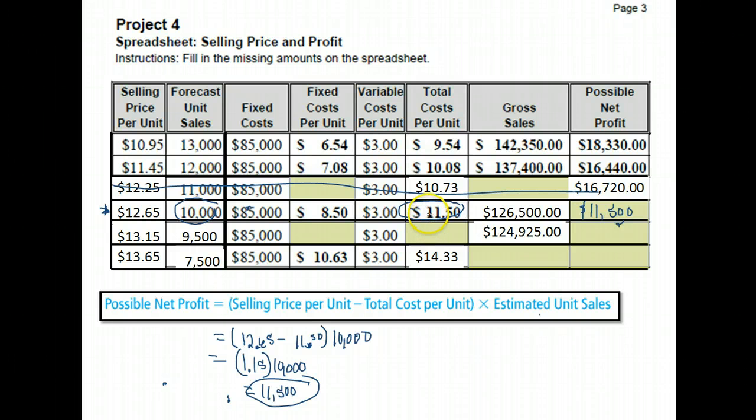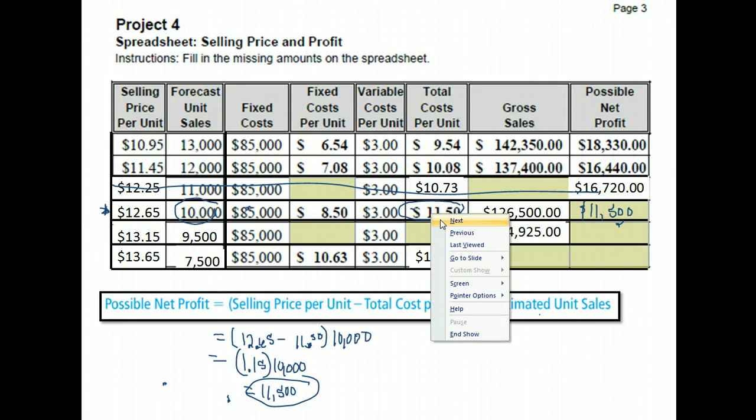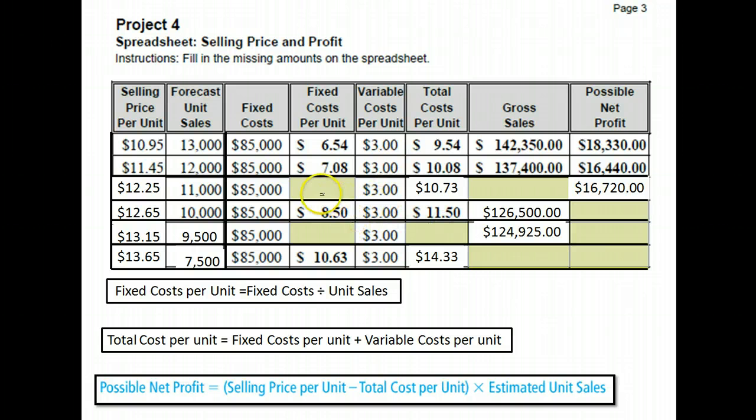Okay, let's move to the next line in the spreadsheet. So again, we already did our line here and our line here. We are now on line 3, which is missing 3 places. It's missing, first of all, the fixed cost per unit. Again, for fixed cost per unit, we follow this formula here. We take our fixed costs, which totaled 85,000, divided by our unit sales.